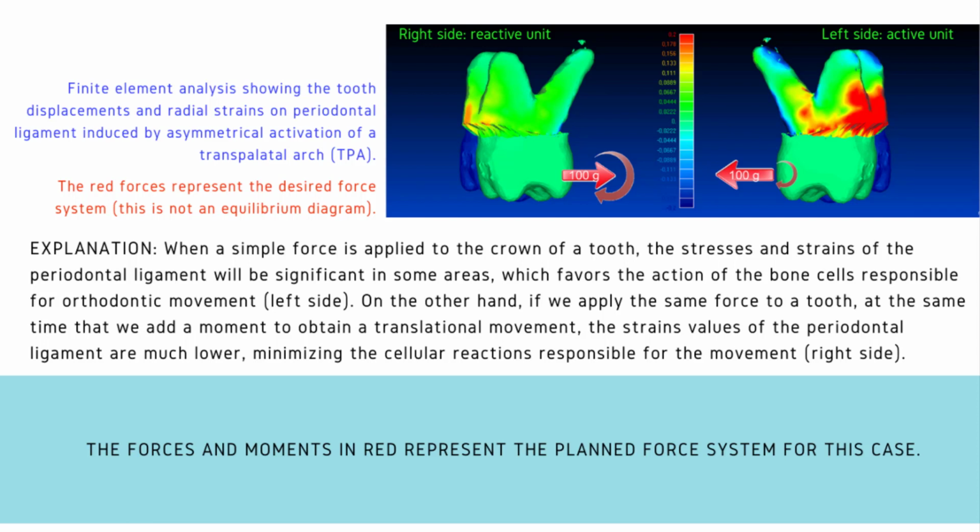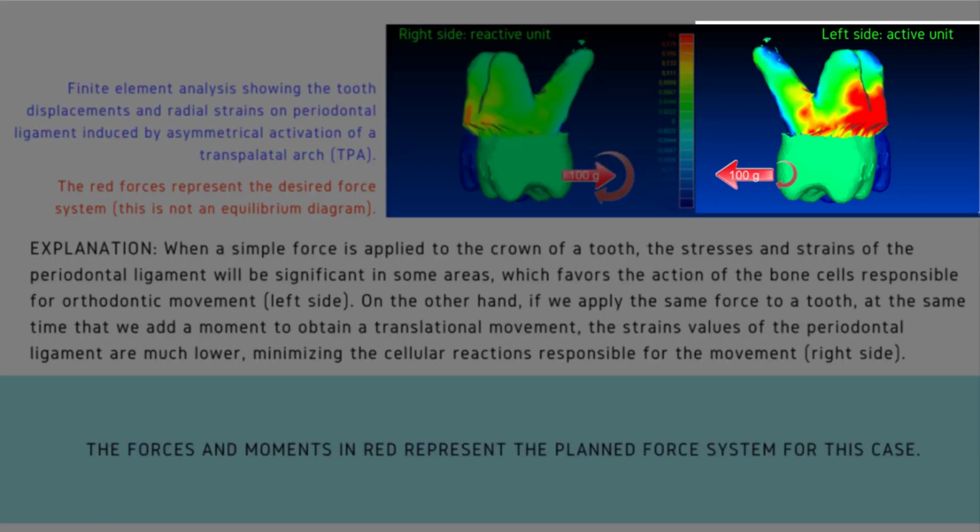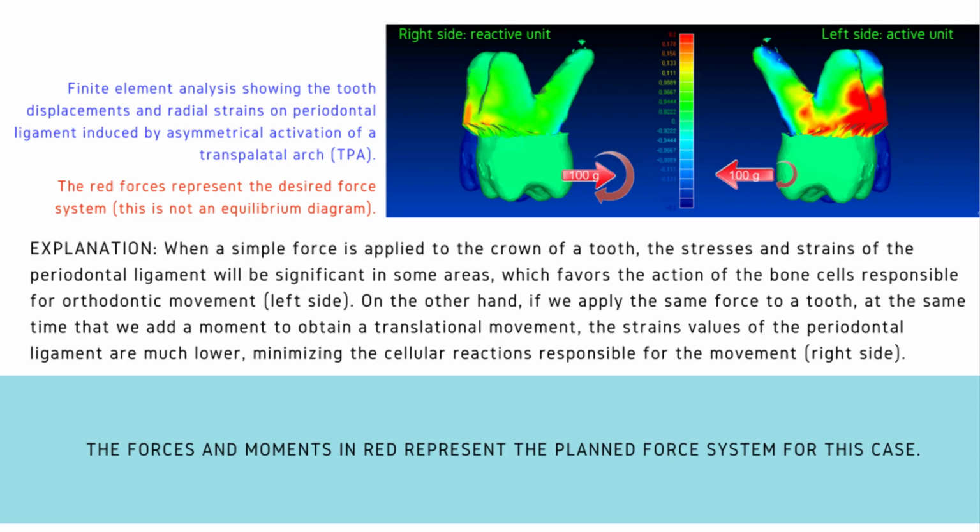On the other hand, if we apply the same force to a tooth at the same time that we add a moment to obtain a translational movement, the strain values of the periodontal ligament are much lower, minimizing the cellular reactions responsible for the movement in the right side of this case. So in this case, we will potentialize the movement of the left side. The forces and moments in red in this picture represent the planned force system for this case.